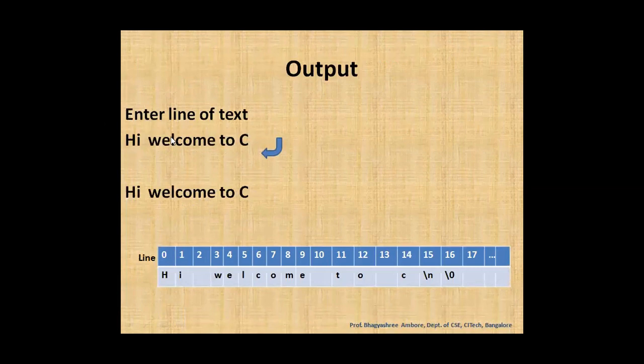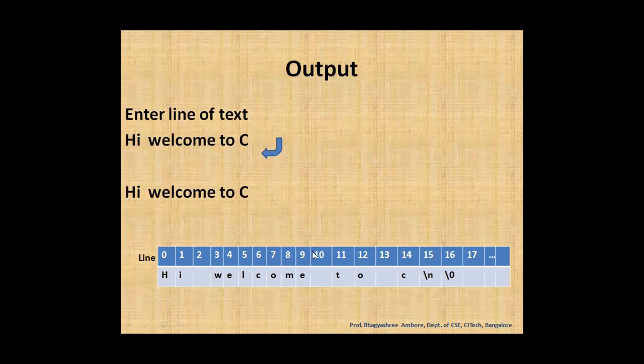Hi, welcome to C. First time it reads H, it places it in line of 0, and checks whether we have reached a new line character. No. Then again it reads this i, places it in line of 1, increments i and checks the condition. Again it gets a new character, that is space.